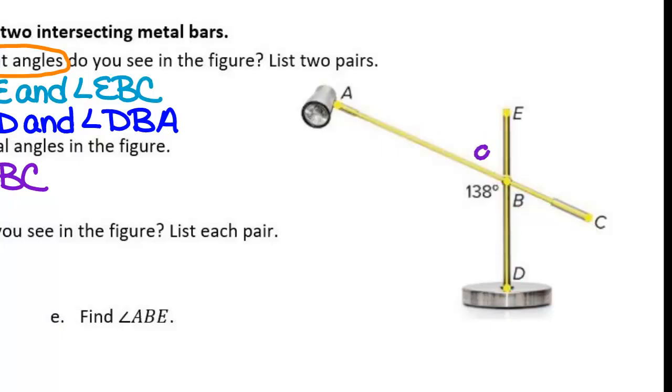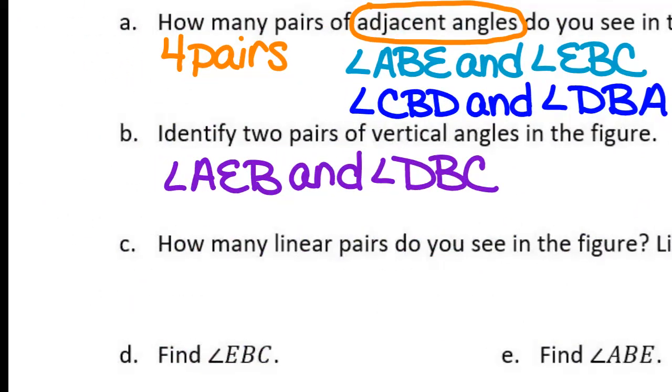All right, so we did the top angle and the bottom angle. The only other direction that I can go now is left and right. What would be a vertical angle to this one? ABD. This one right here. So EBC and ABD.